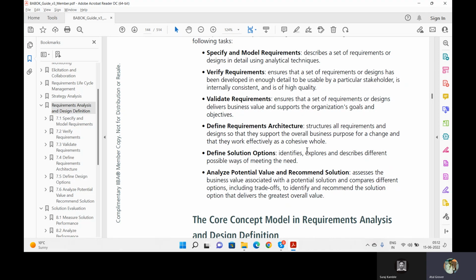Define solution options, alternatives, methods ढूंढो, multiple तरीके ढूंढो इसको करना है, कौन सा best way, and finally recommend the solution and find the potential value कि कौन सा process, कौन सा method is well and good to use and giving me the maximum potential value.